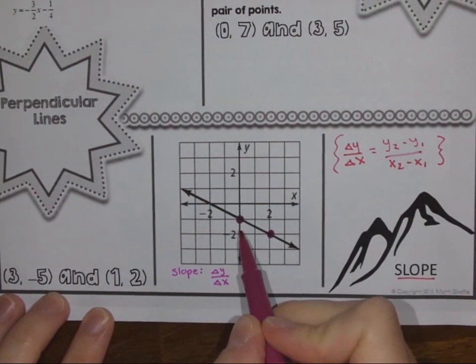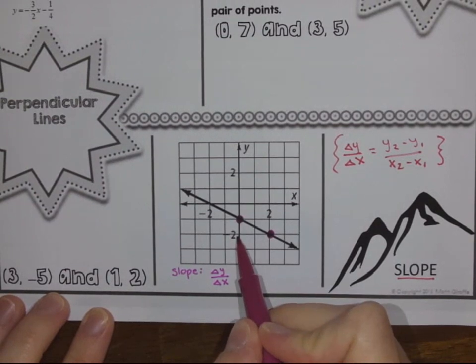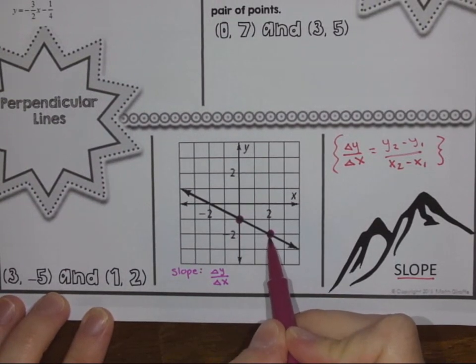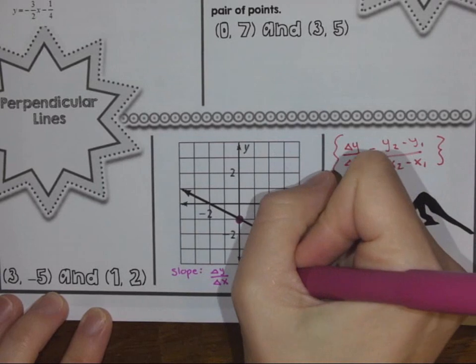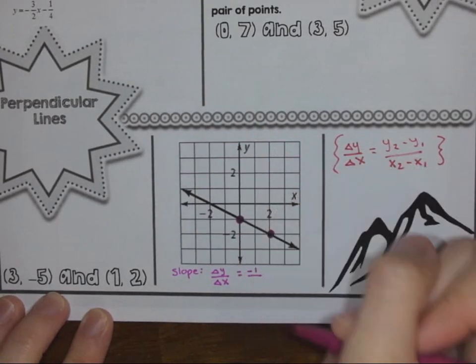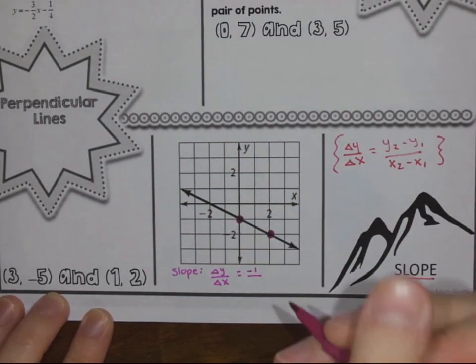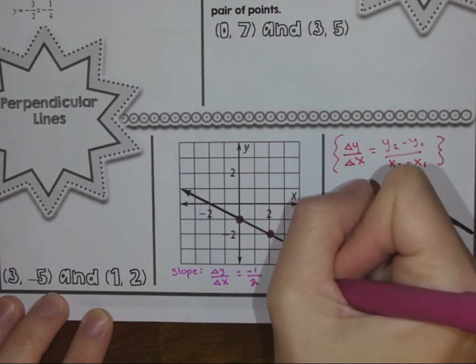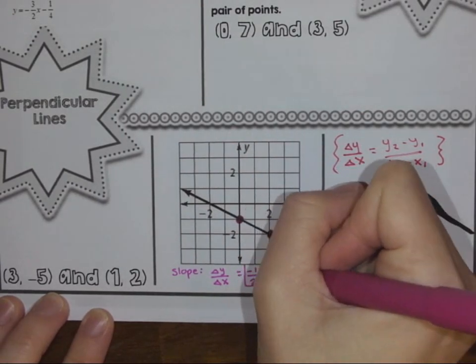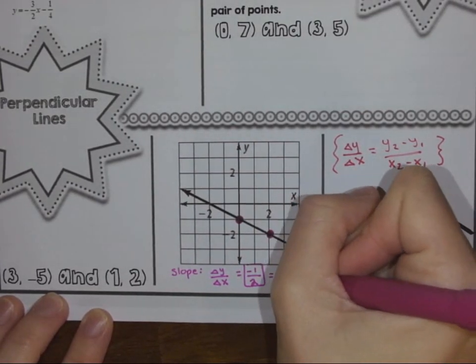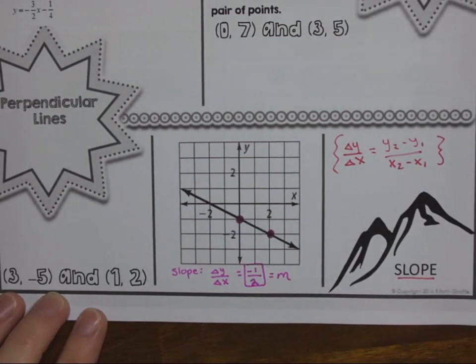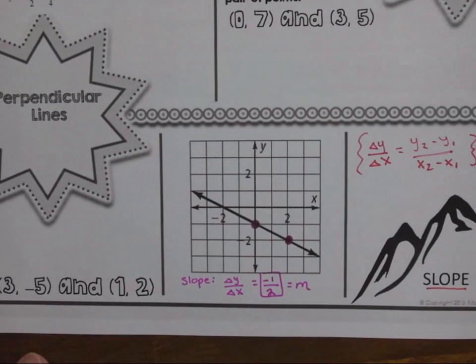So if we look at the change in y value, we're going down 1, and then going to the right 2. So the change in y was negative 1, and the change in x was 2. So the slope is equal to negative 1/2, which a lot of times they use m to write.